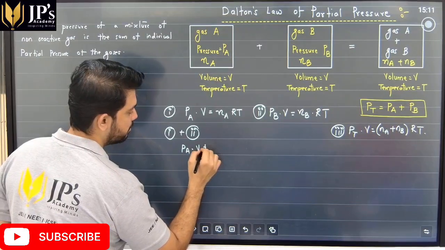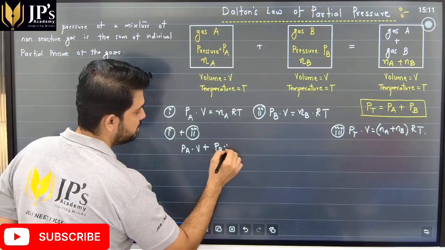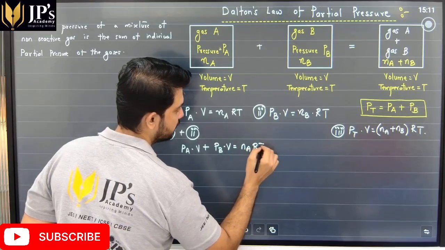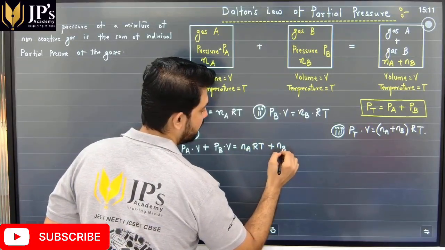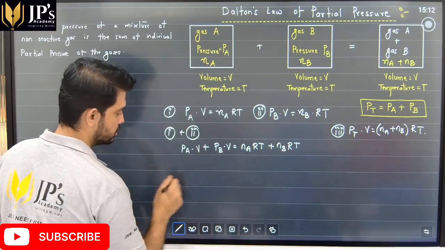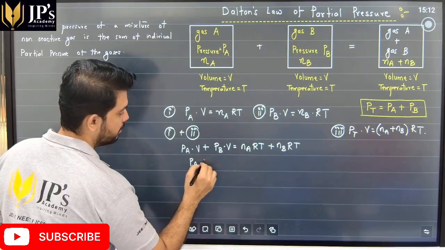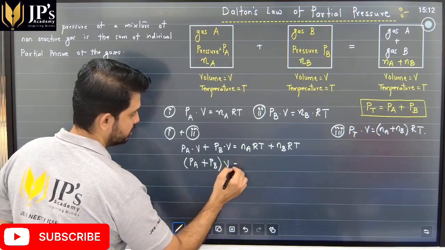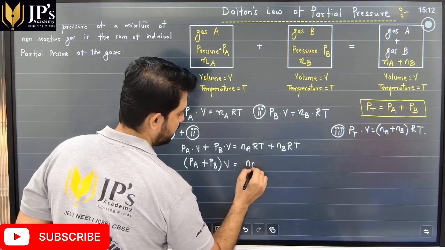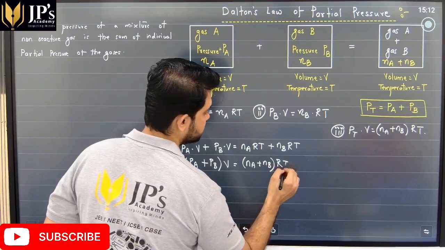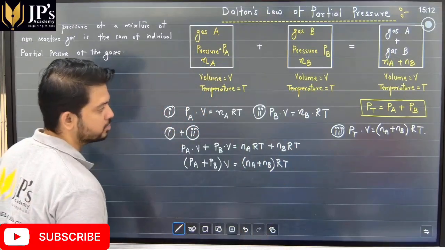Now students, if I take the sum of equation 1 and equation 2, I get PA V plus PB V is equal to Na RT plus Nb RT. Over here, what we observe is that V is constant. So I get (PA plus PB) V is equal to (Na plus Nb) RT, where RT is common.